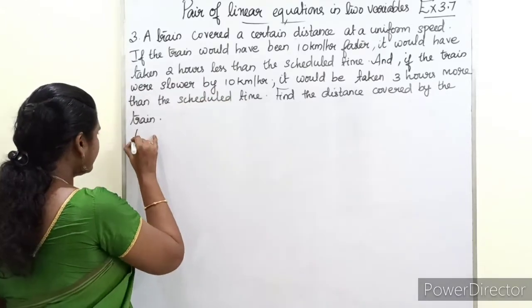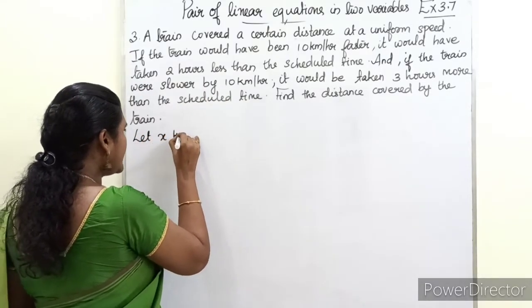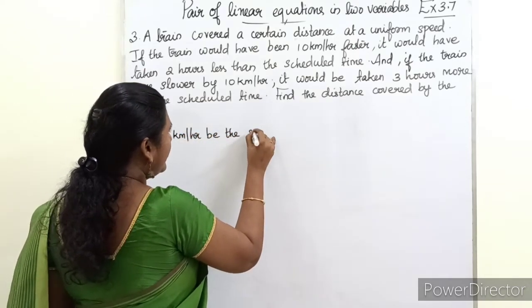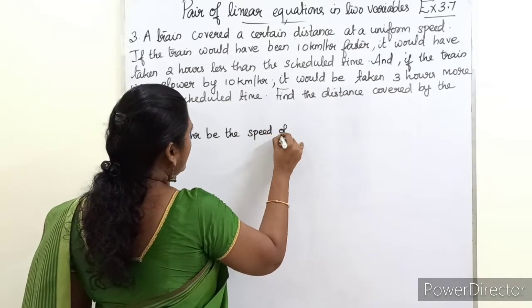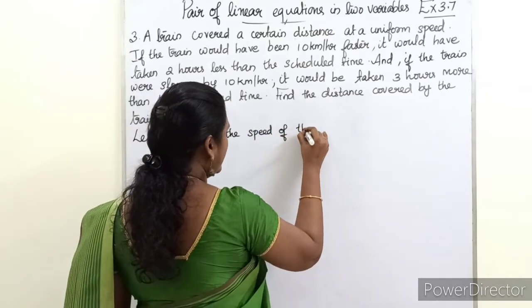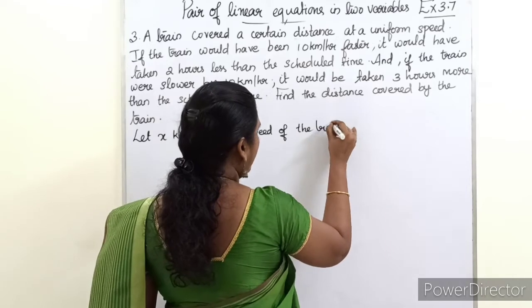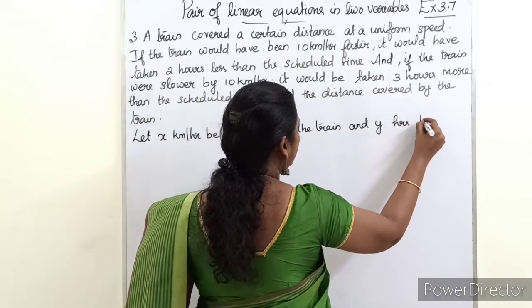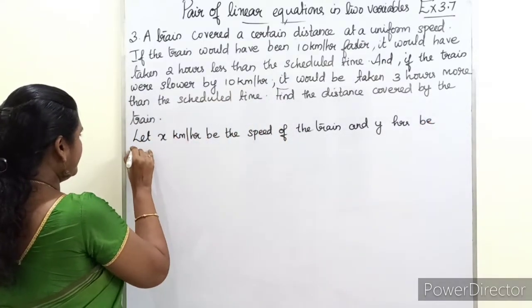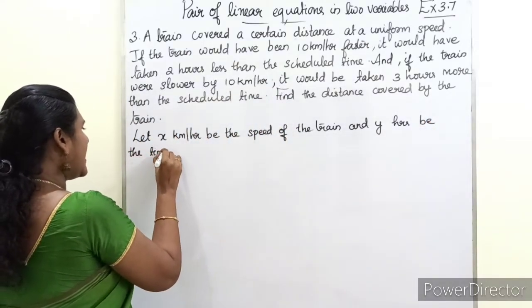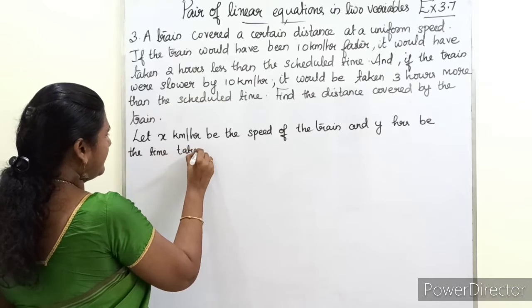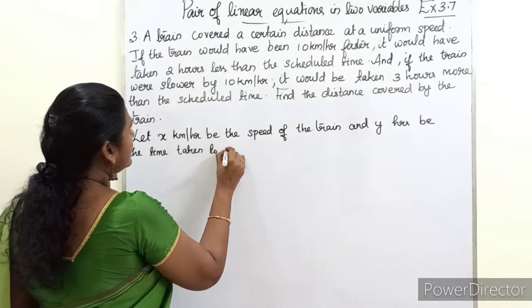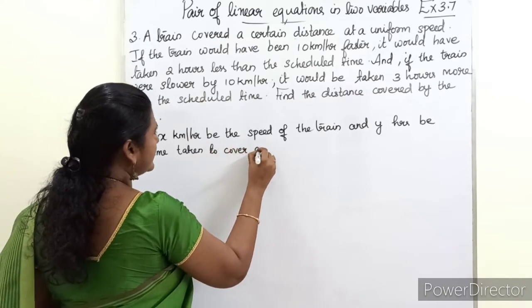Okay, so let x kilometer per hour be the speed of the train and y hours be the time taken to cover a certain distance.